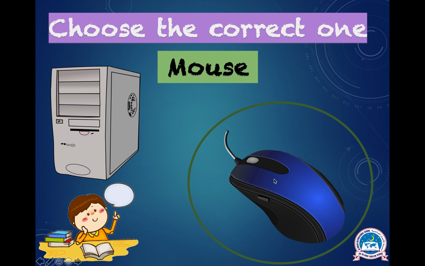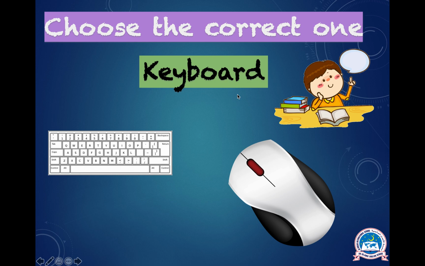Remember, we use the mouse to move around the computer. Can you find the keyboard in this picture? I am giving you a second to point to it. Superstars, we use the keyboard to type in letters and numbers.